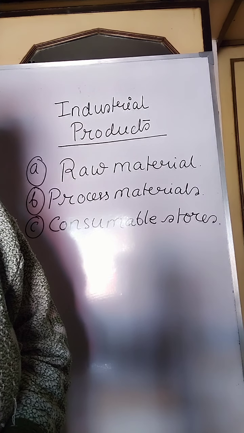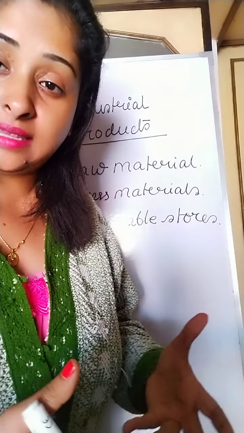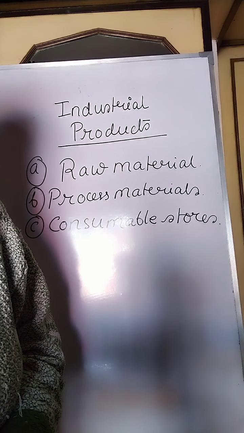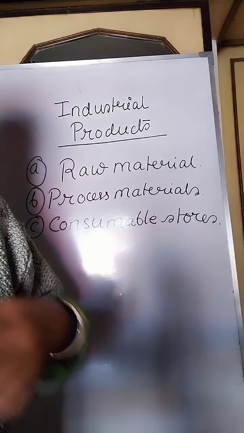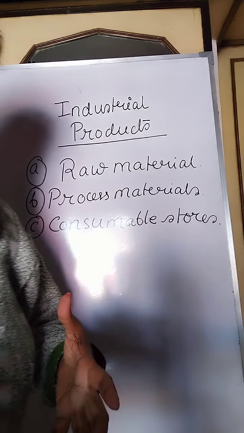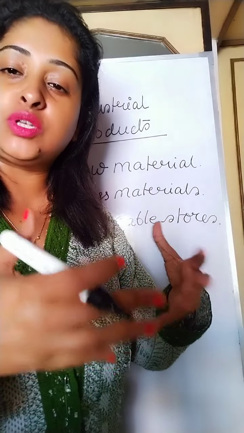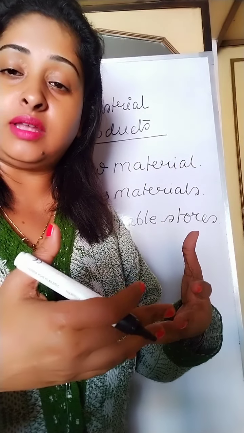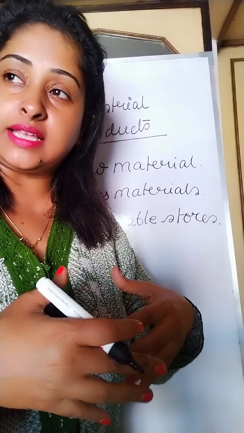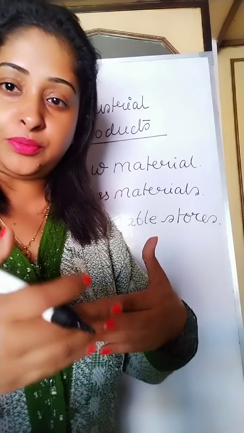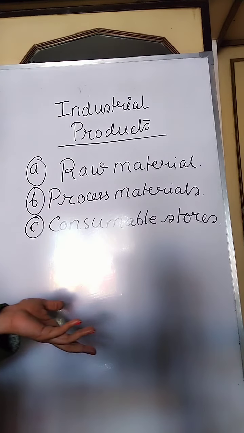They include stationery like paper, pen, pencils, rubber, ink, and even paper clips, staplers, and cleaning agents, soaps, hand gloves, paints, and nowadays masks. These are not related directly to the finished products, but are required by the organization in order to carry out the production process. So these are not the main equipment, but consumable stores like stationery.